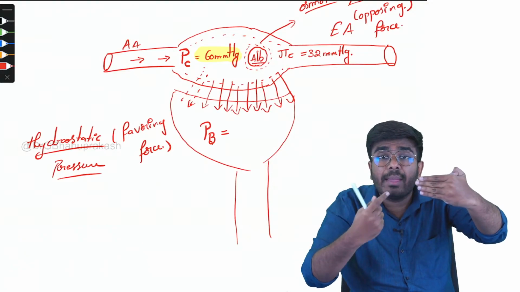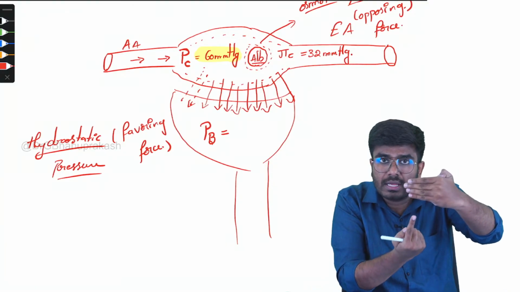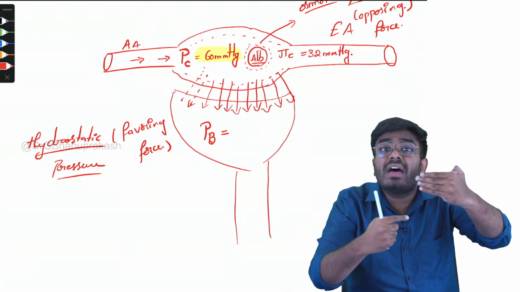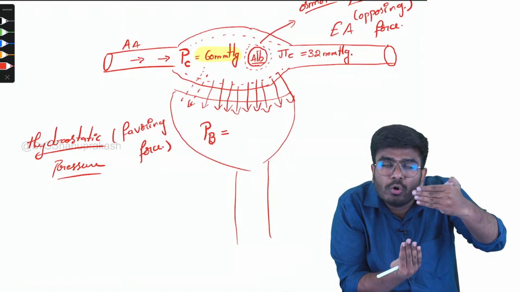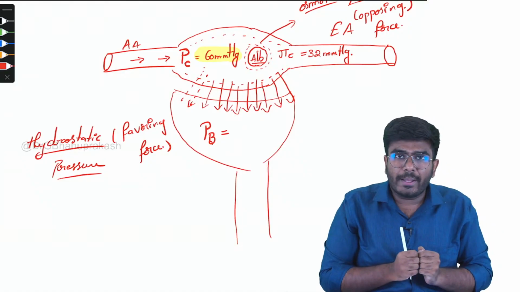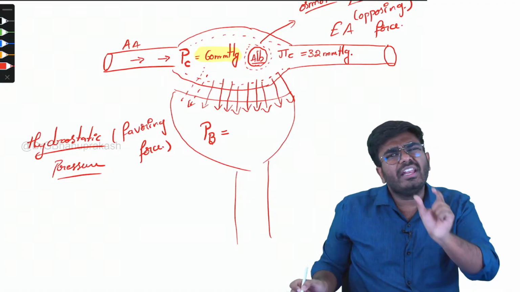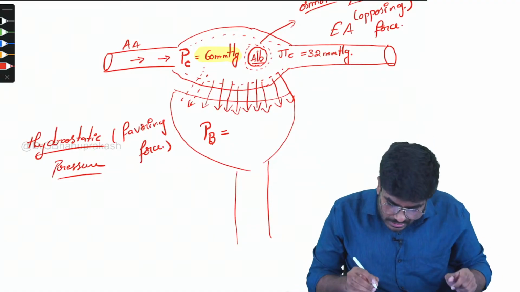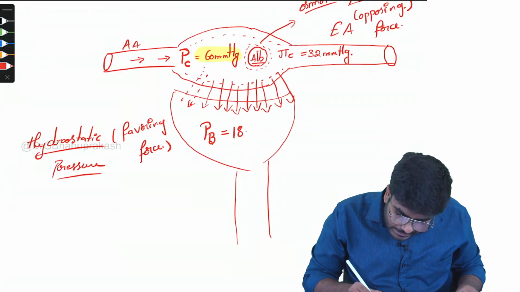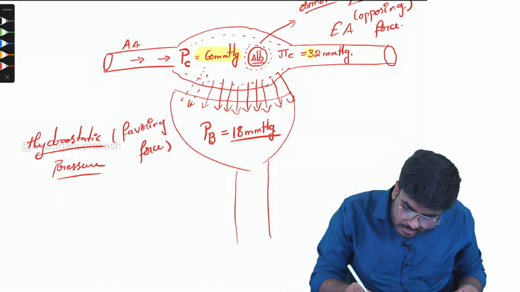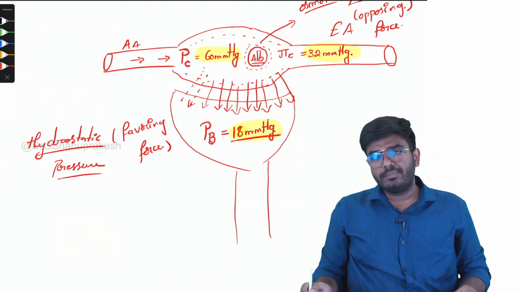But the same is also true in the opposite direction. Whatever fluid is there in the Bowman's capsule, because of the hydrostatic pressure, wants to move in the opposite direction. So, in the Bowman's capsule, a very little amount of fluid is there, so little pressure. So, how much? 18 mmHg.